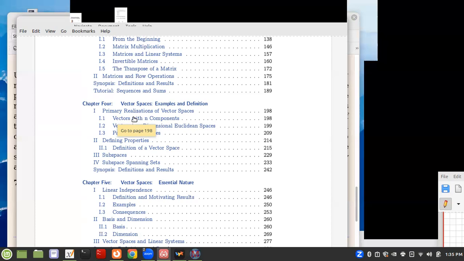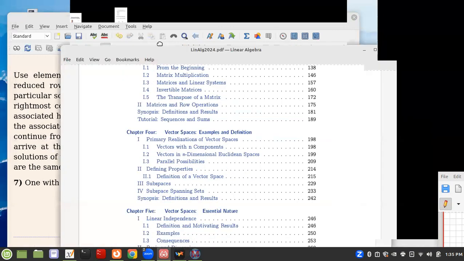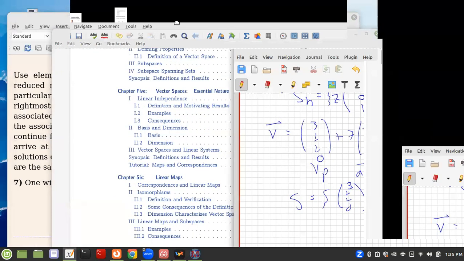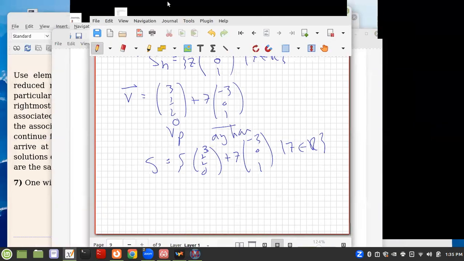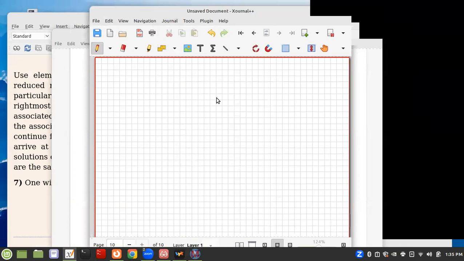Let's check the question about this stuff. Let's say I have negative 2 row 2 plus row 1, and then negative 2 row 2 plus row 3.